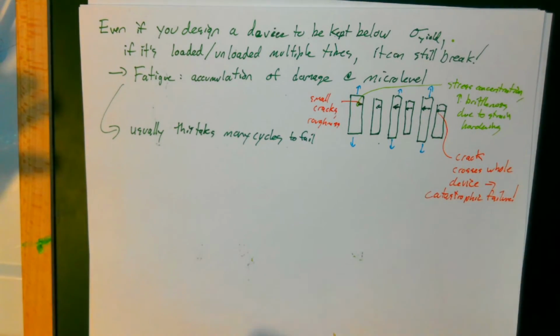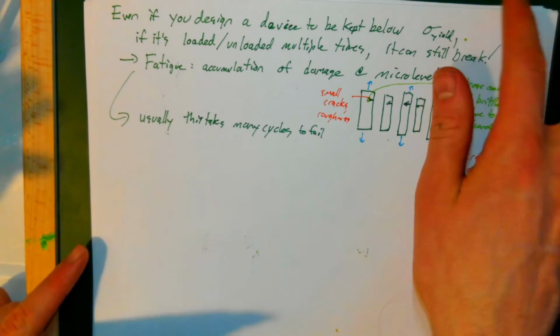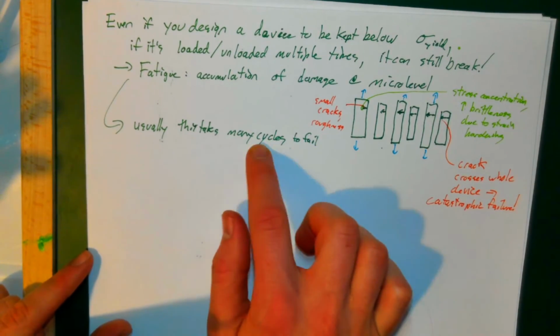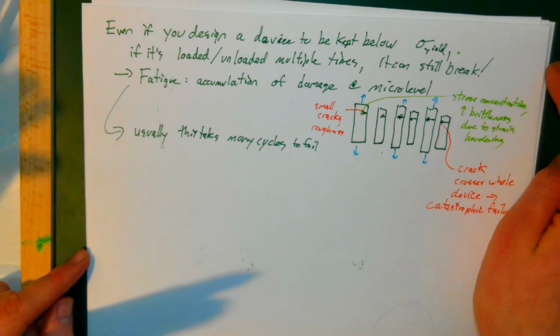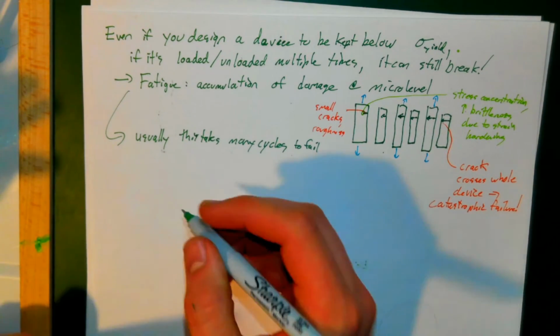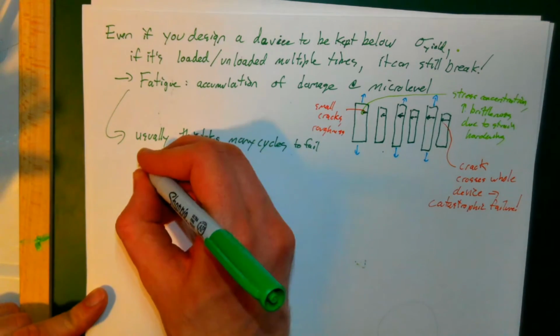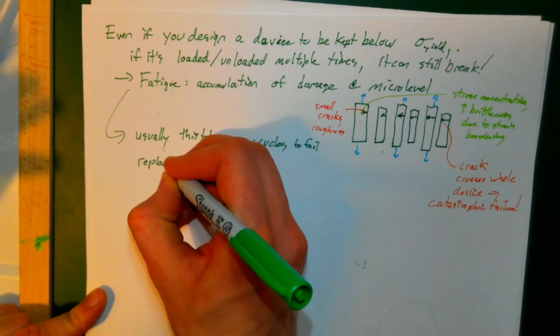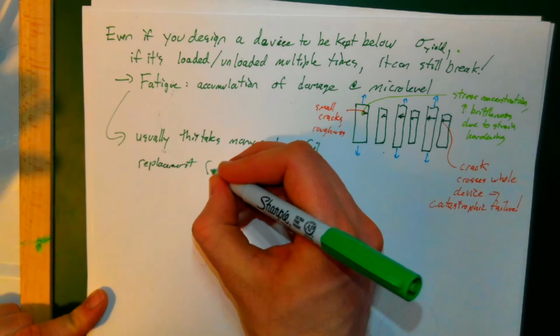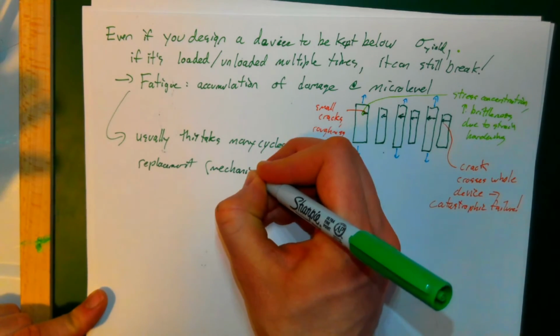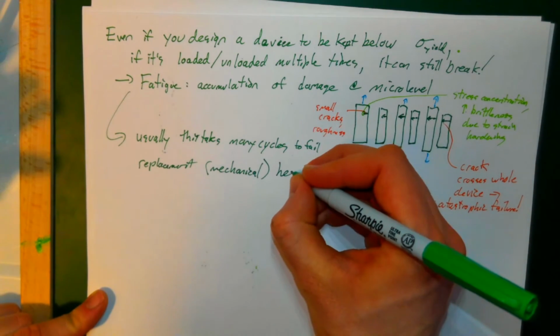So just to give yourself an idea of how many cycles something might need to survive, let's consider the case of a replacement mechanical heart valve.